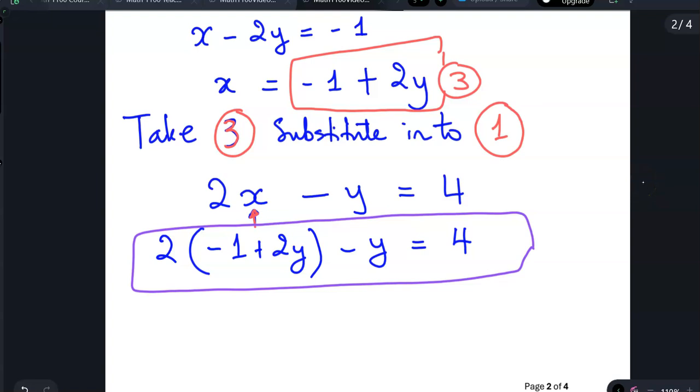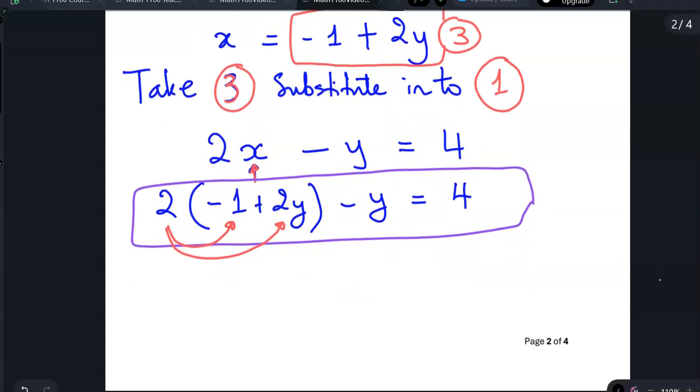So solve for y in here, we have learned this before. We have a coefficient in front of a bracket, so we need to apply the distributive rule in order to eliminate the brackets. So multiply 2 inside the bracket, I will have minus 2 plus 4y minus y equal to 4.